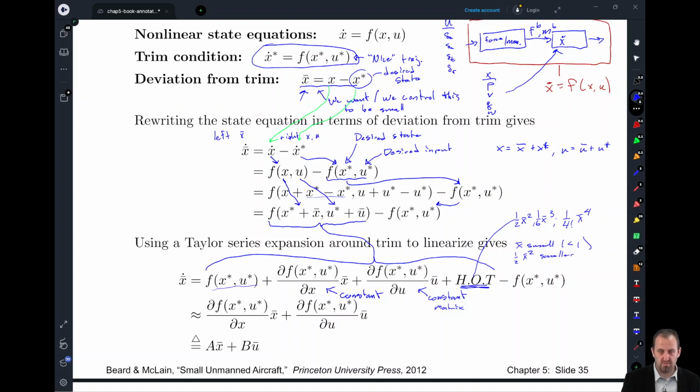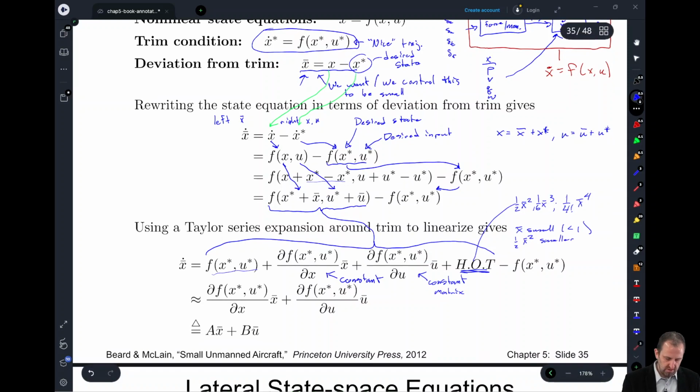If x bar is small, less than 1, then x bar cubed is going to be even smaller. So that's why we say, if we're small enough, then all of our higher order terms are small. These are just what we're chalking up to disturbances. And we could say the same thing about u bar, as well as cross terms between u bar and x bar.